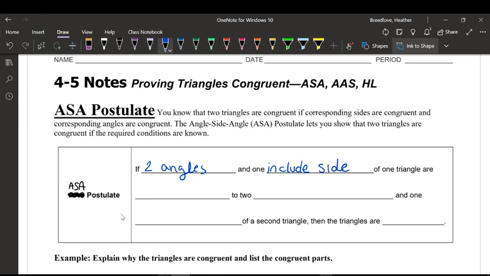If two angles and one included side of one triangle are congruent to two angles and one included side of the second triangle, then these triangles are congruent.